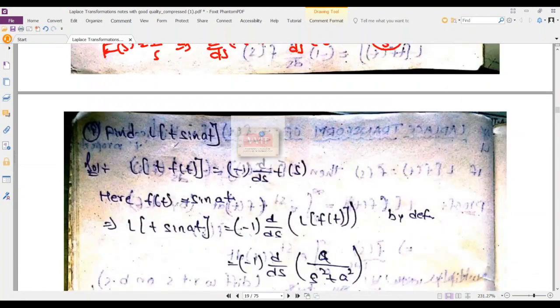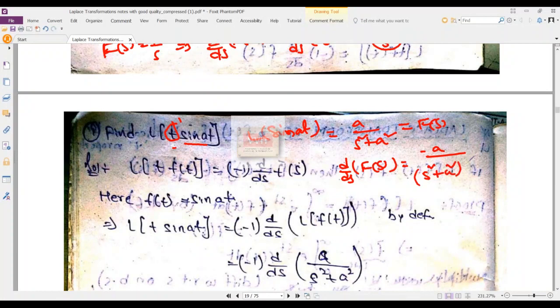Similarly, L of t times sin at. So we know that L of sin at equals a by s square plus a square, t times, so t power 1, which means only one time I need to differentiate. This is f of s. So d by ds of f of s equals, s is available again in the form of 1 by x, minus a by s square plus a square whole square, because d by dx of 1 by x is minus 1 by x square.